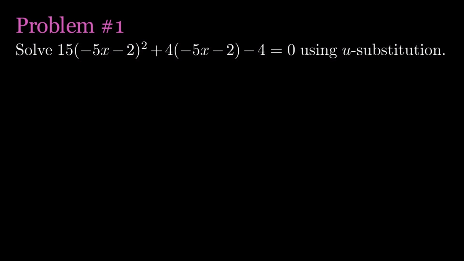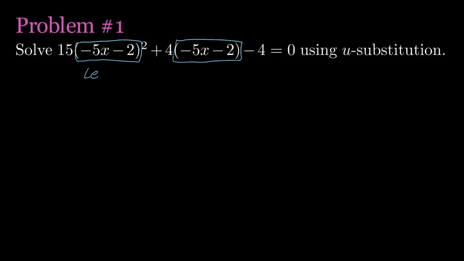It looks like that building block in this equation is what we have inside of the parentheses, negative 5x minus 2, because it's once in the power of 1 in here, and then in the power of 2 in there. So we will let u be equal to the content of that building block.